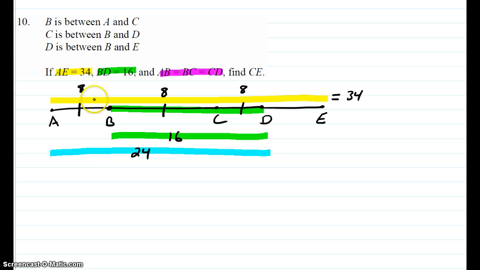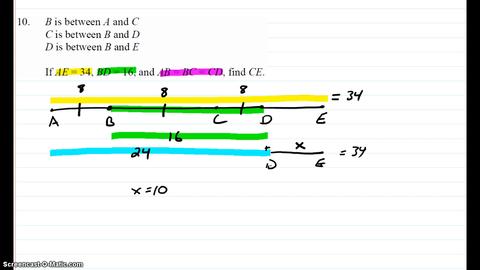And remember, the entire thing was 34, so I just don't know this piece here, this DE. So 24 plus what equals 34? You can figure that out either by solving an equation for x, or you should just know that 10 plus 24 is 34. So that tells you that this piece here, DE, is 10.